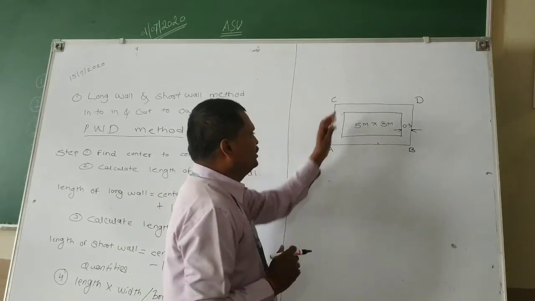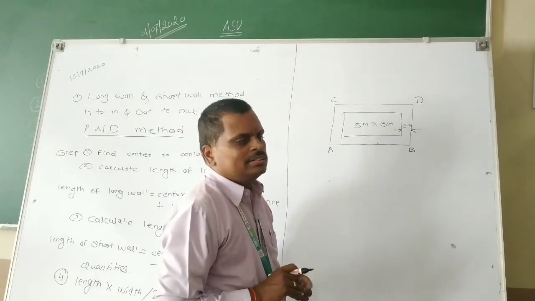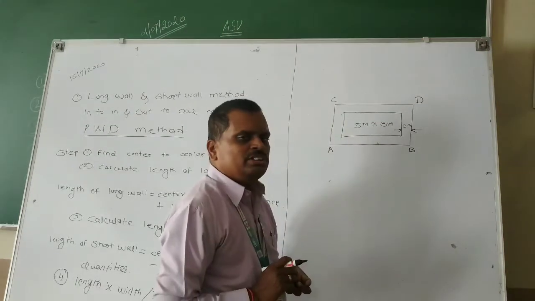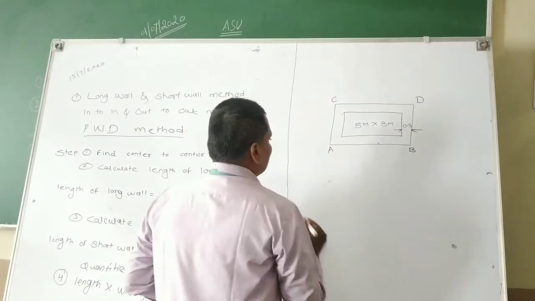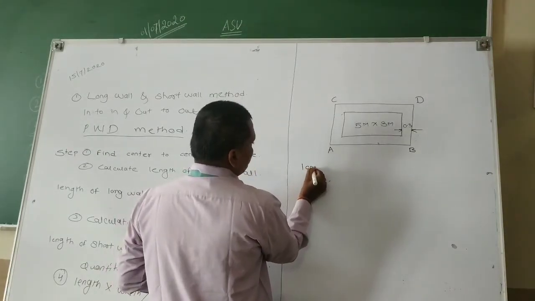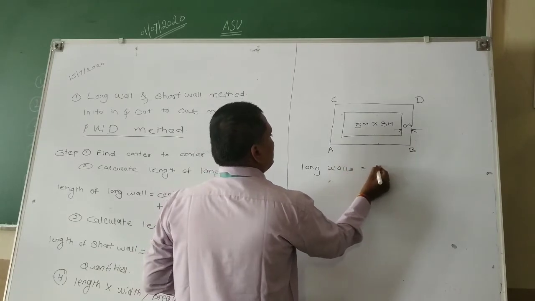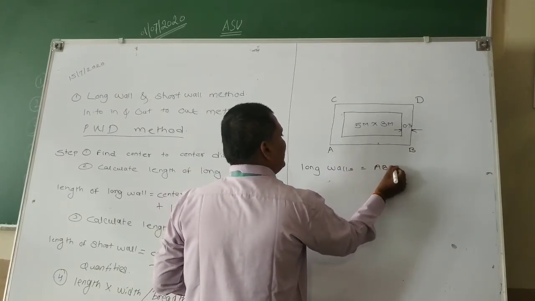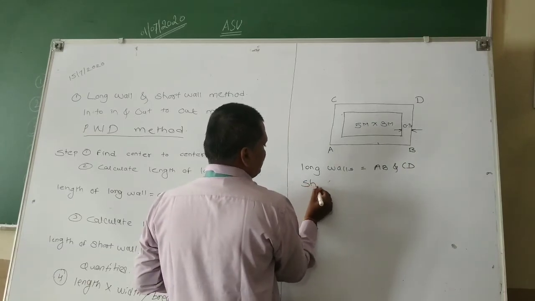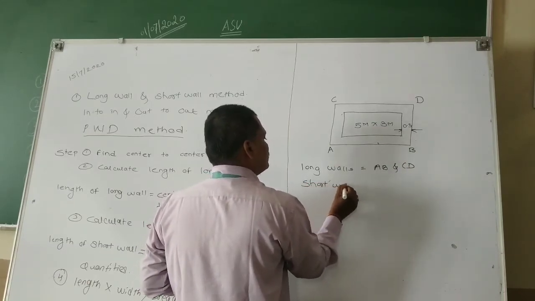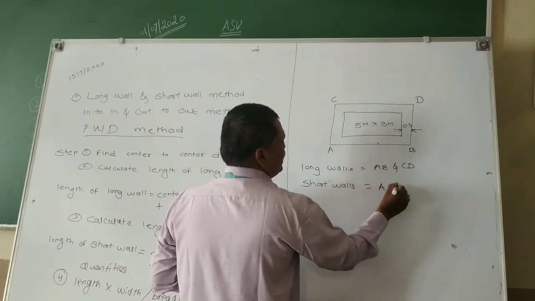In the same manner, walls which are vertical have to be considered as short walls throughout your life. So here long walls will be AB and CD, and short walls will be AC and BD.